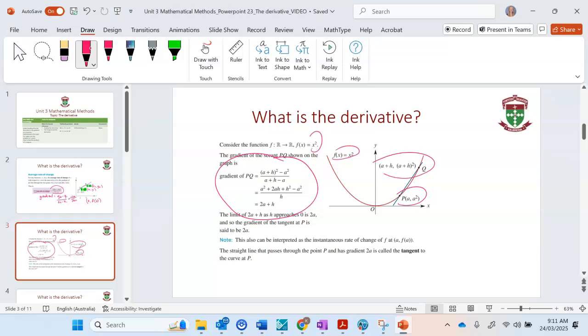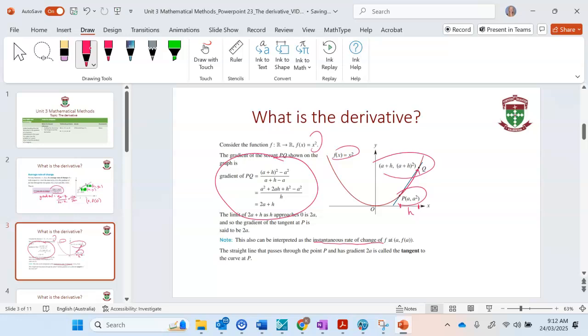Then the difference between P and Q, so the distance here, is just h. So as h gets closer and closer to this point here, this line is going to give us what we call the tangent line, the gradient of the line at that point. That's basically your derivative at that point, and it's also known as your instantaneous rate of change.